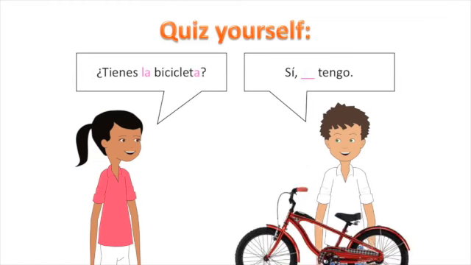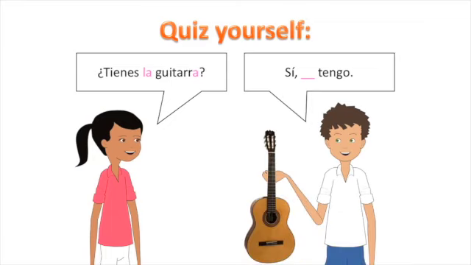Here's another example. ¿Tienes la bicicleta? Do you have the bicycle? And he says, sí, blank tengo. La bicicleta is going to become la because it is both feminine and singular. So we're going to say sí, la tengo. What about this one? ¿Tienes la guitarra? Do you have the guitar? I bet he's going to say sí lo tengo, right? Wrong.